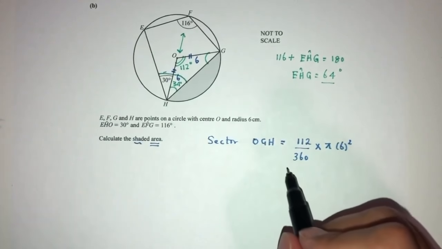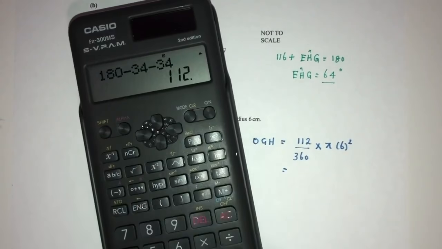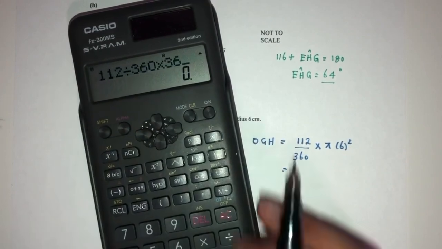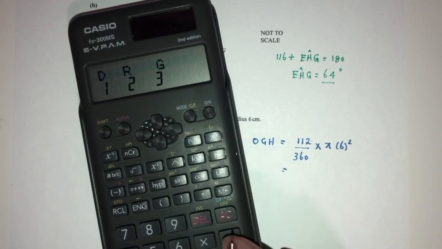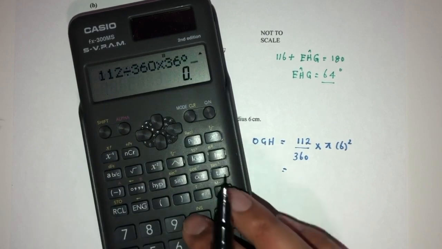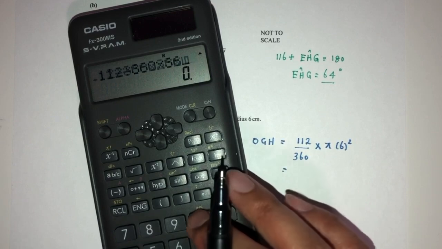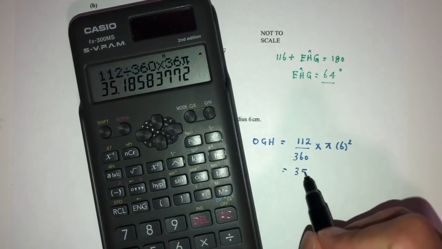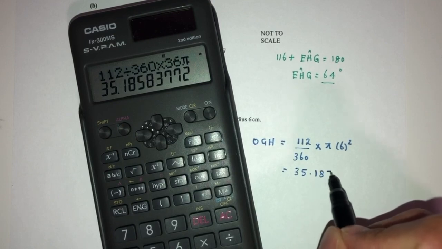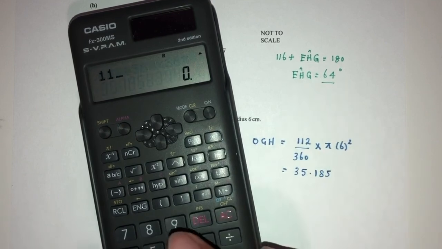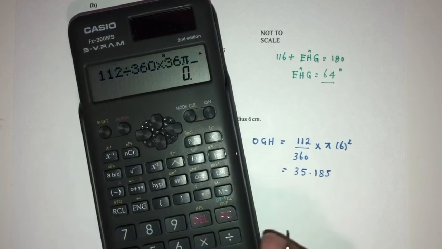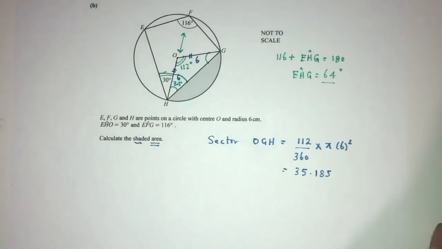That will give you what? 112 over 360 times 36 pi. Sorry about that. That will give you 35.185. Let's try one more time just to be sure. Okay, cool. This is the whole angle.